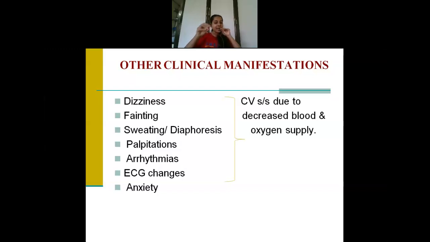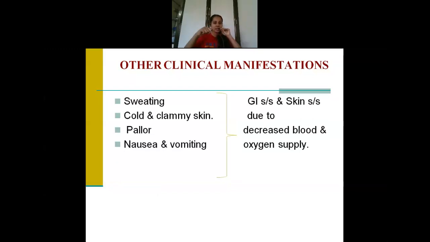Next is anxiety, which is very common. Okay, so remember, oxygenation to the brain, to the heart, to the lungs is also reduced. So that is why the patient is experiencing these symptoms, that is fainting, diaphoresis, palpitations, anxiety and ECG changes. Next, there is even decreased oxygenation to the GI system and to the skin.